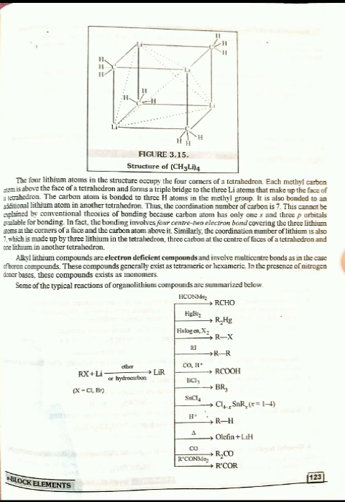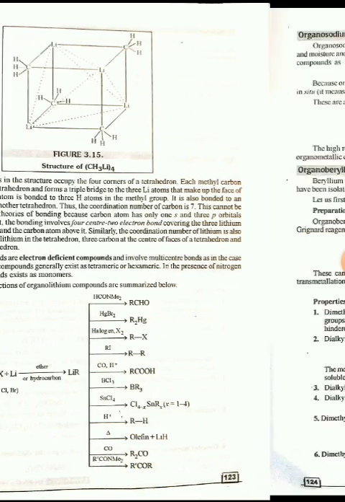With H+, it gives RH. In the presence of heat, it gives olefin plus LiH. In the presence of CO, it gives R2CO, and with RSCN and Me2, it gives RSCOR.